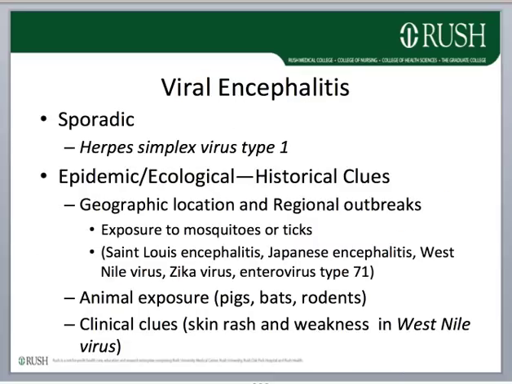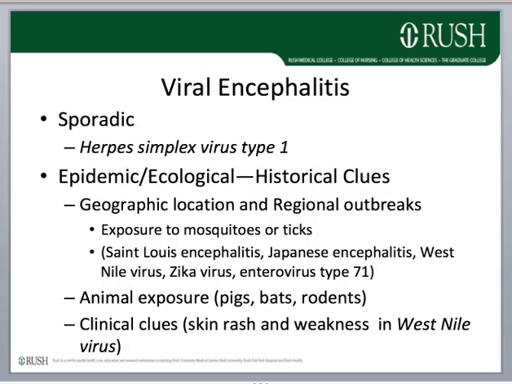A wide variety of different viruses can infect the CNS. A common cause of sporadic encephalitis is herpes simplex virus type 1. Other viral pathogens may be suggested by historical clues, including geographic location, such as St. Louis encephalitis in North America and Japanese encephalitis in Asia, and regional outbreaks, such as enterovirus type 71 in Asian Pacific regions.